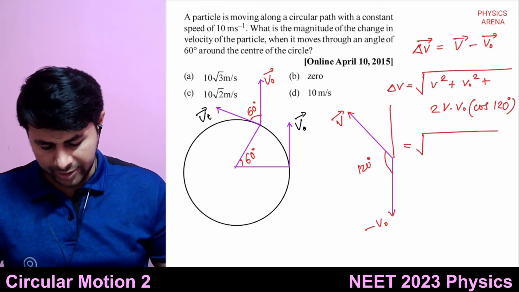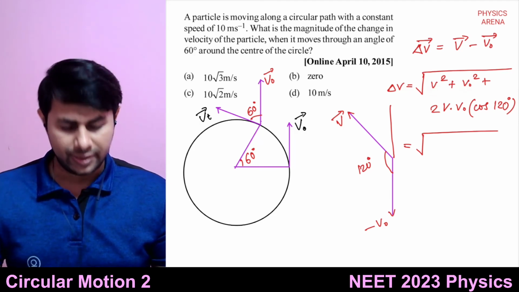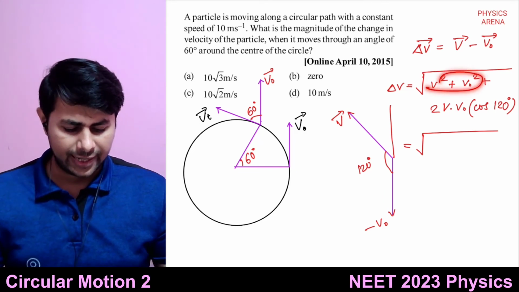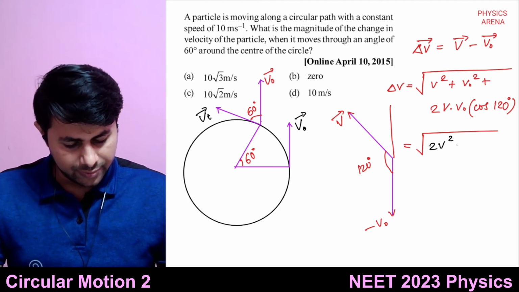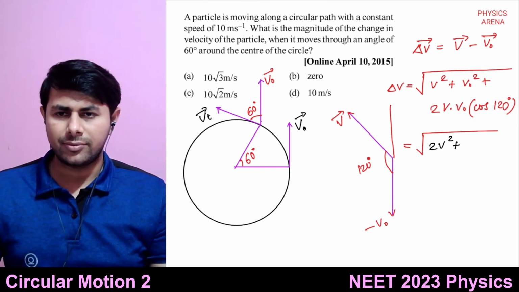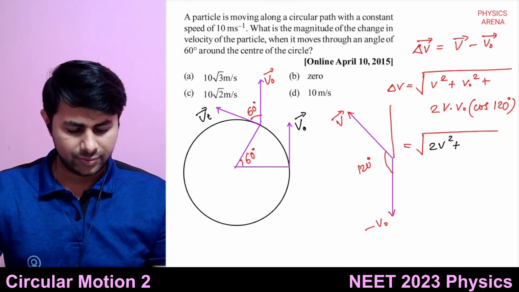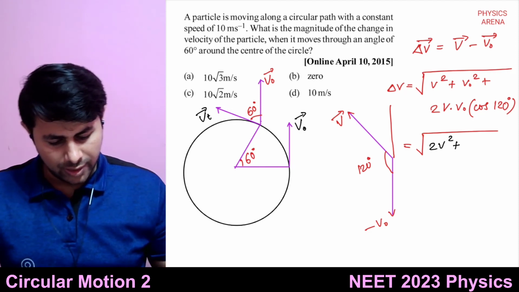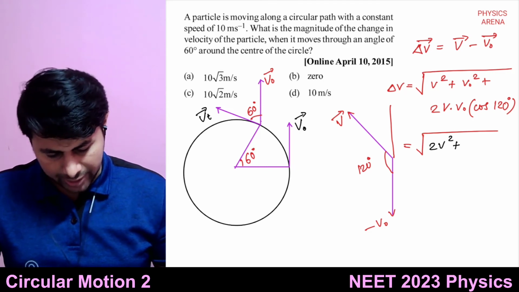And the speed is the same, right? Speed is constant, which means the magnitude of V and the magnitude of V0 are the same, so I can say this is equal to V only. So it is 2V square plus, what will be cos of 120 degrees? 1 by 2 or minus 1 by 2?